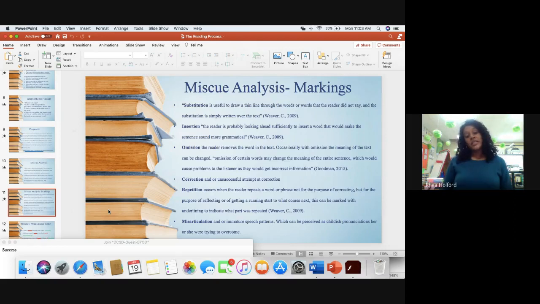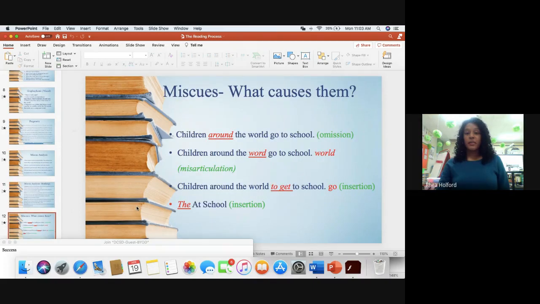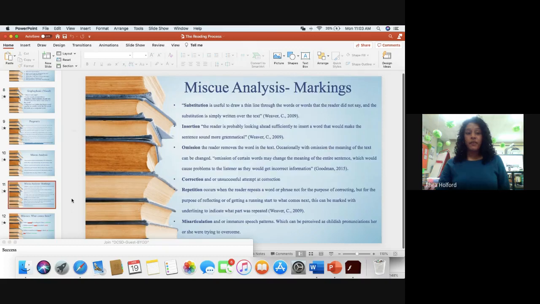We also have misarticulation and or immature speech patterns. You may see this in young children as well, which can be perceived as childish pronunciation. He or she was trying to overcome. So these are markings for miscue analysis.